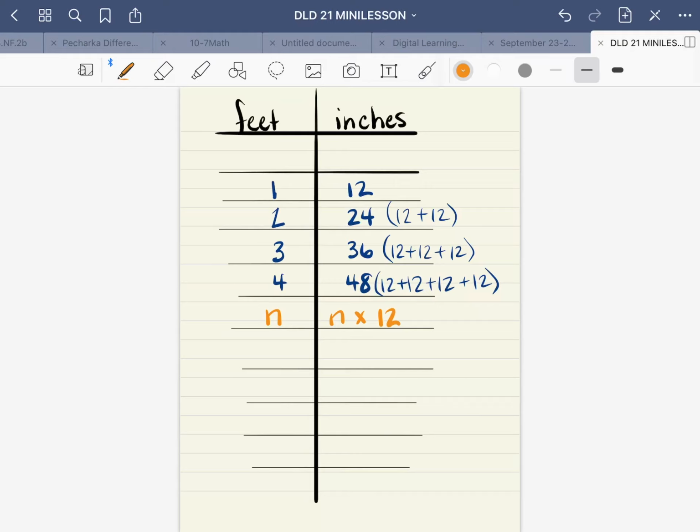If I had 1 and I multiply it by 12, it equals 12. 2 times 12 equals 24. 3 times 12 equals 36. 4 times 12 equals, that's right, 48.